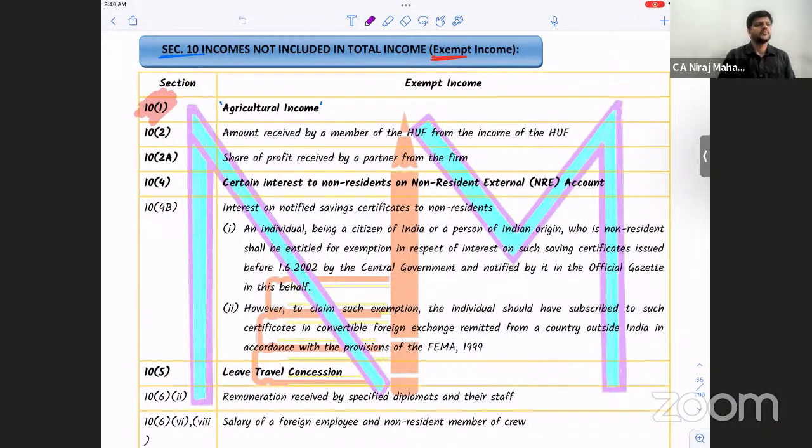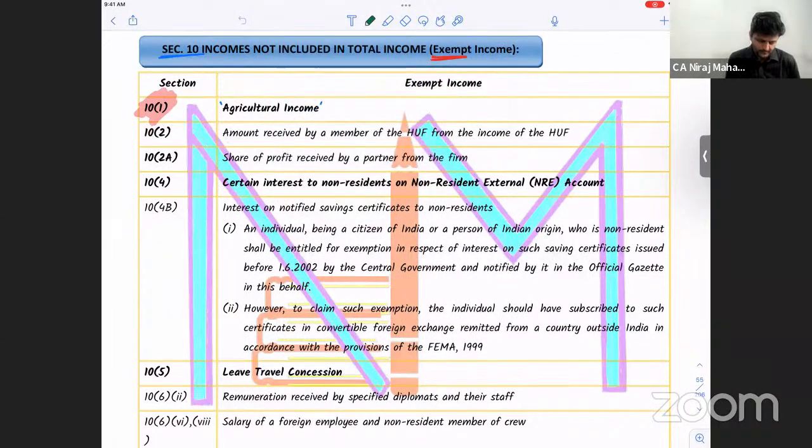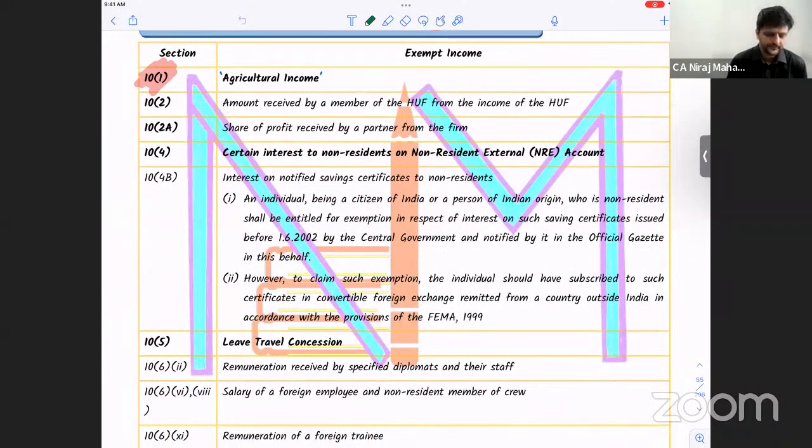Why do you think 10.2 and 10.2A exempt the amount received by a member of HUF from the HUF and the share of profit received by a partner from the firm? First of all, who is the recipient in 10.2? Recipient of income is who?